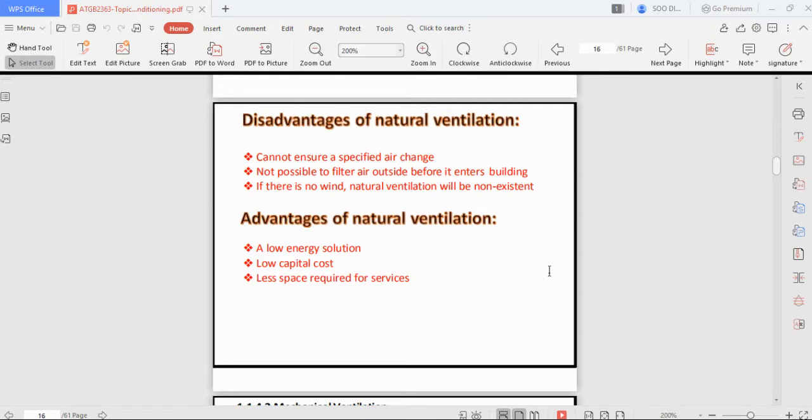You do not need to install any mechanical fan. You just make an opening for a window and you have natural ventilation. If there's no wind, then you will not be able to change the air inside the room. So that's the only disadvantage to natural ventilation.